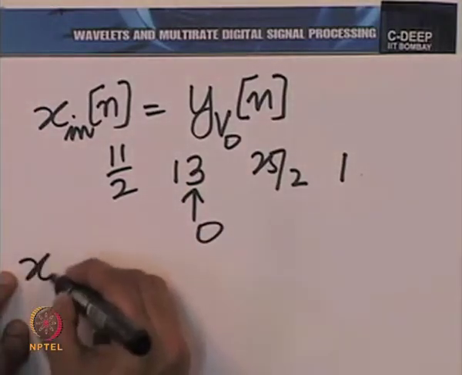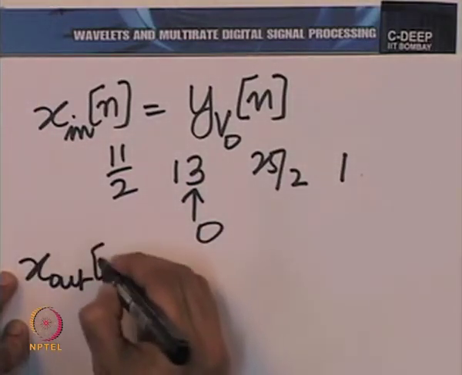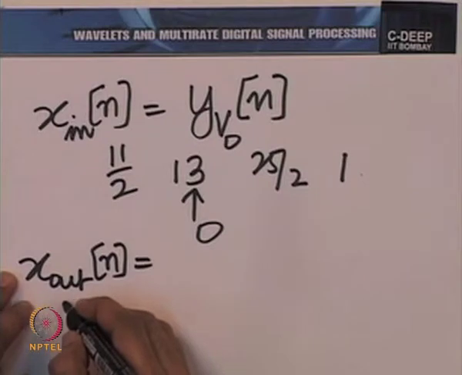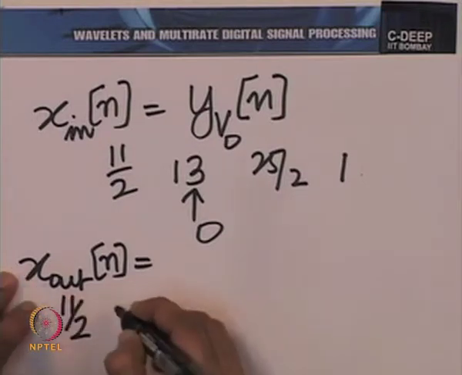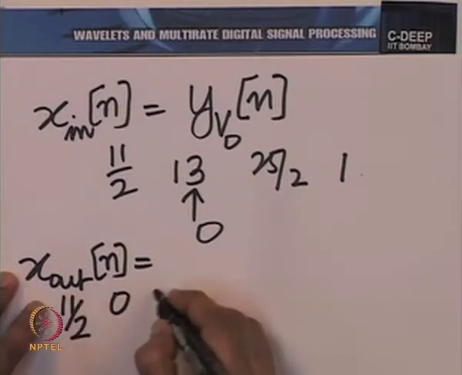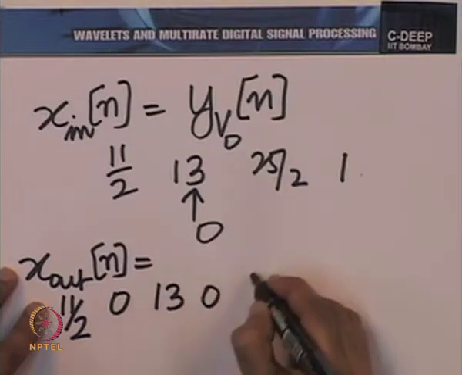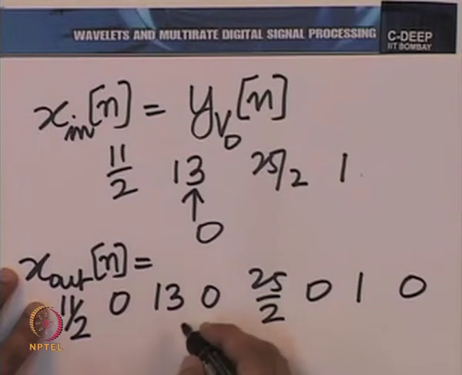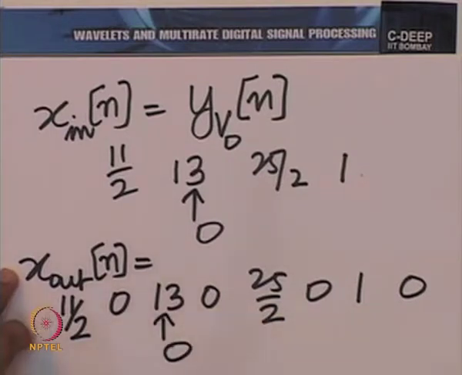What will x out n look like after upsampling by a factor of 2? Firstly, it will have 8 locations. So, it will be 11 by 2, then 0, 13 and then 0, 25 by 2 and 0 and 1 and 0, and 13 would of course come back to 0. So, this is how the upsampled sequence looks for yv0.